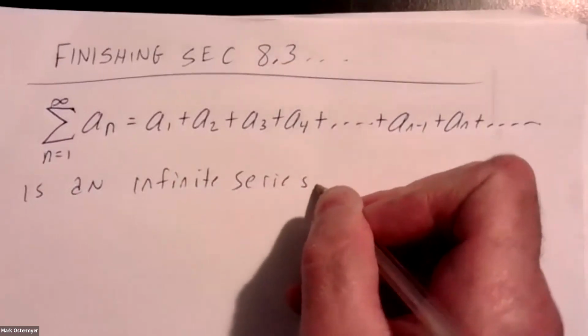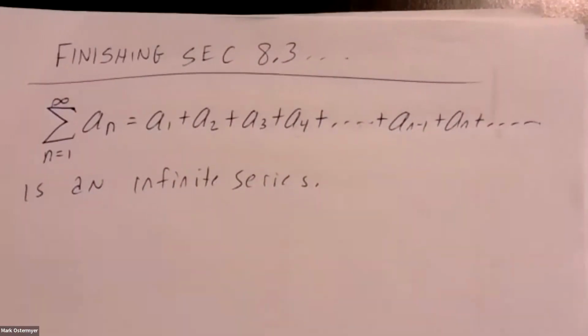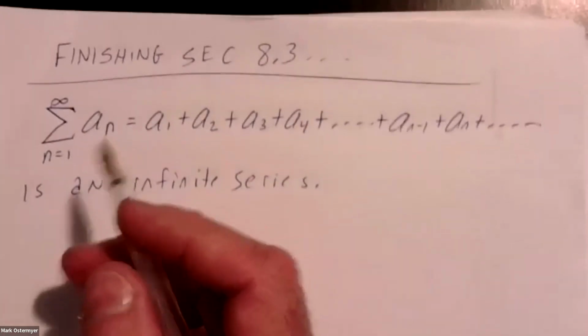And although we're not literally going to add an infinite number of terms together, because to do so would mean that we would have to spend the rest of eternity, and we don't have eternity, especially out here on Earth, we can't do that. So what do we have to do here?